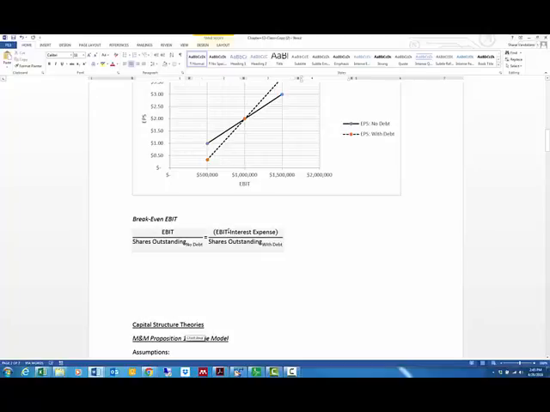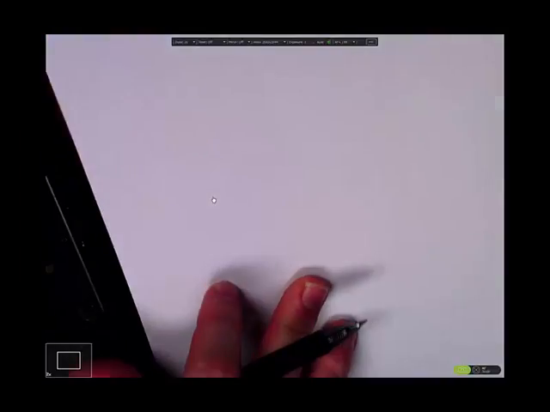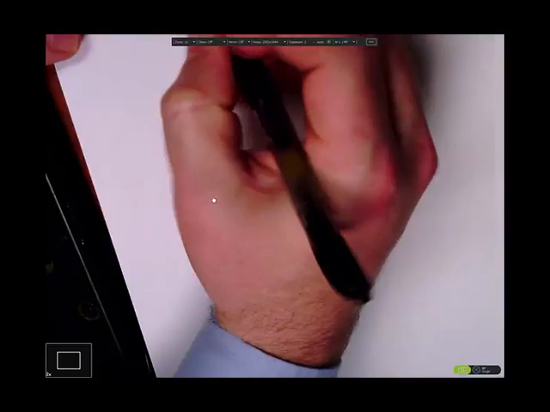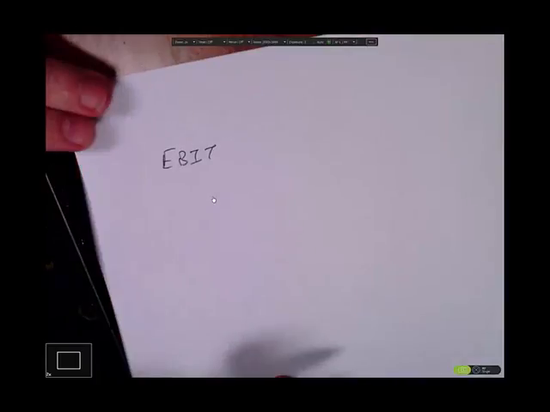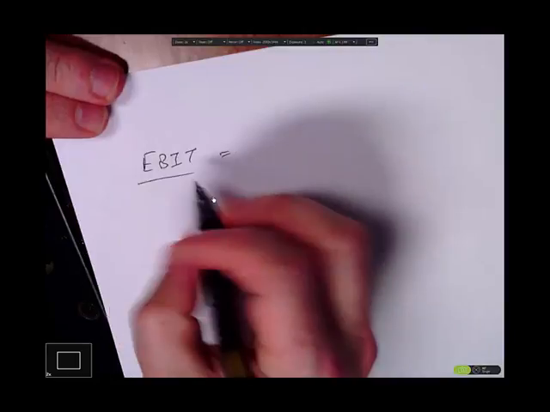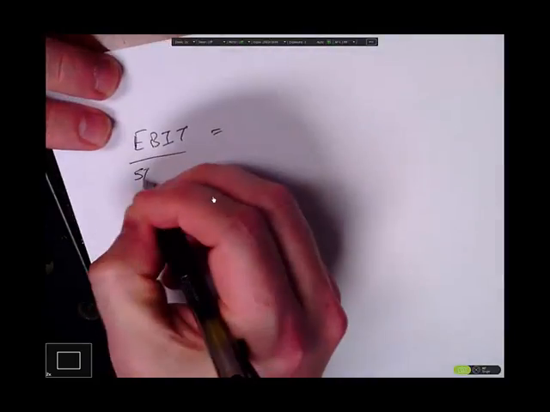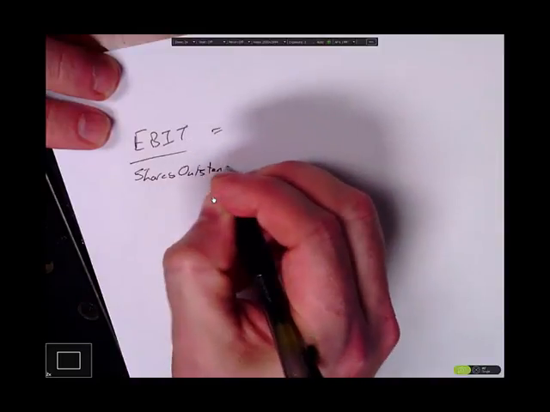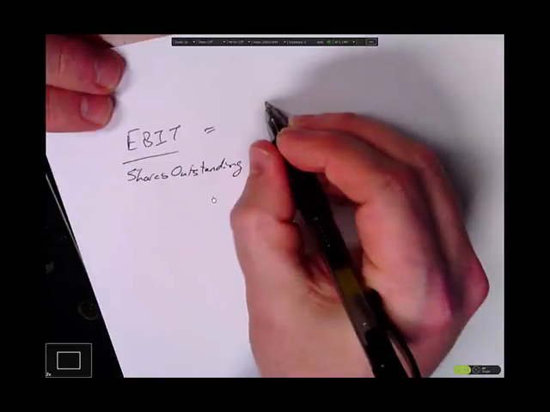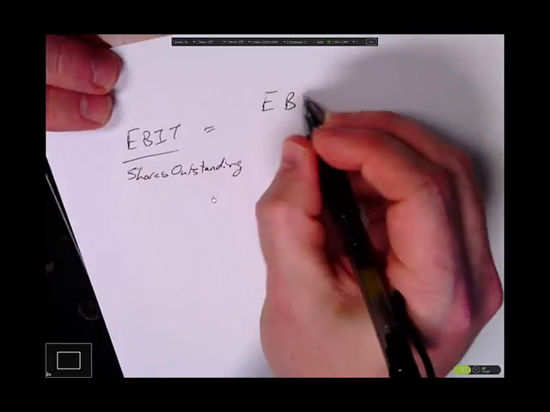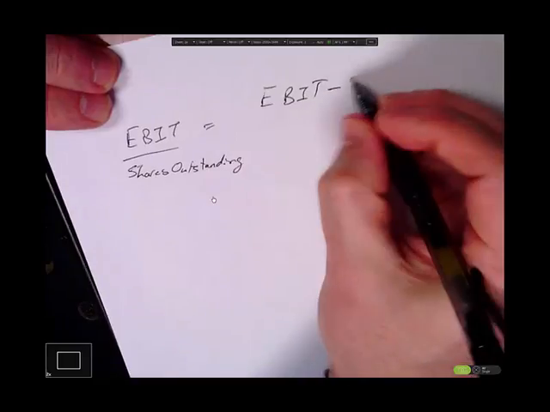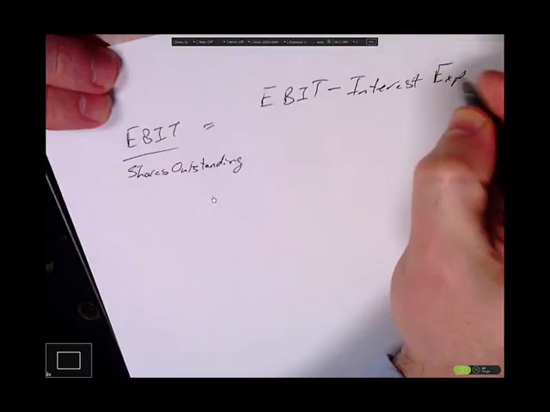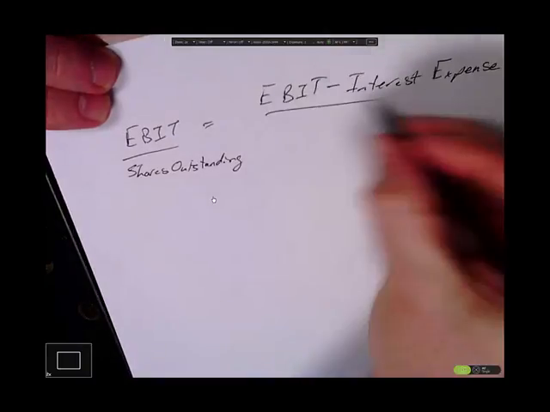So for our example, now I'm going to calculate the break-even EBIT, and the equation was EBIT without debt divided by the number of shares outstanding without debt is equal to EBIT minus the interest expense divided by shares outstanding with debt.